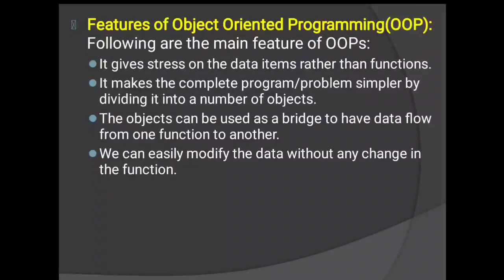In procedure-oriented language, whatever variable we declare, we can use up to the end. Yes or no? If we need to change the value of that variable, using procedure-oriented programming we cannot do so, but using object-oriented programming we can.